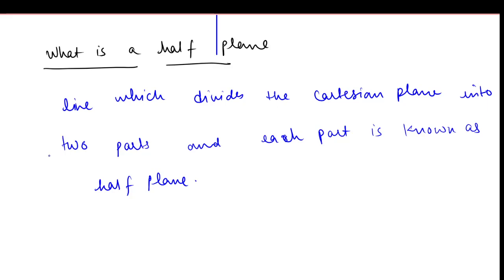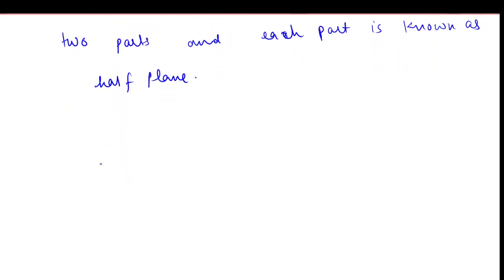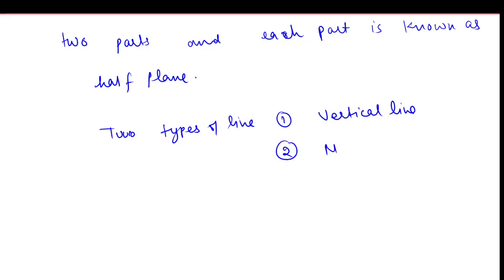So this is the definition of a half plane. We have two types of line which create a half plane. One is a vertical line and the second is a non-vertical line.